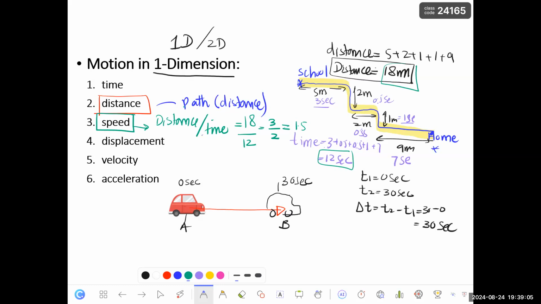But the unit will be distance in meters, time in seconds, so the answer should be meters per second. Sometimes you can also write 1.5 meters per second. That's your speed.